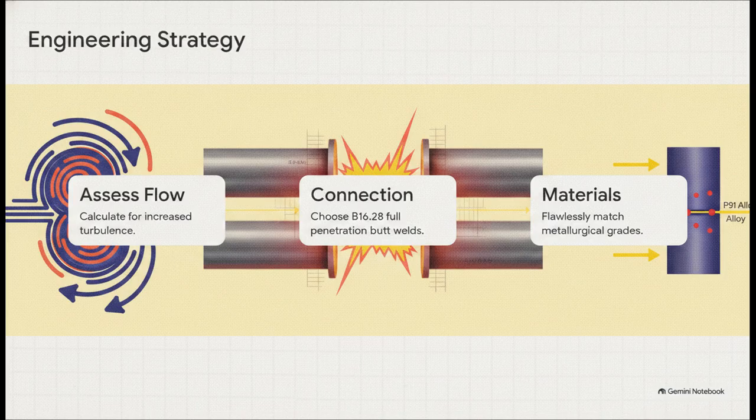Second, you have to choose your connection wisely, opting for B16.28 full penetration butt welds on high-integrity main lines rather than something like B16.11 socket welds, which might leave you with internal pockets. And third, you've got to flawlessly match your metallurgical grades. If you've got a P91 alloy pipe, you absolutely need a P91 short radius elbow so your mechanical properties align perfectly. The whole shebang has to match.